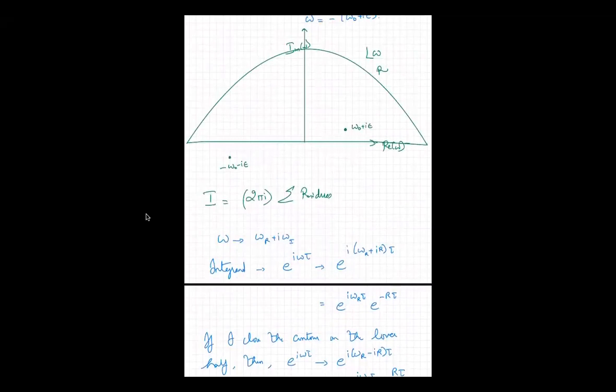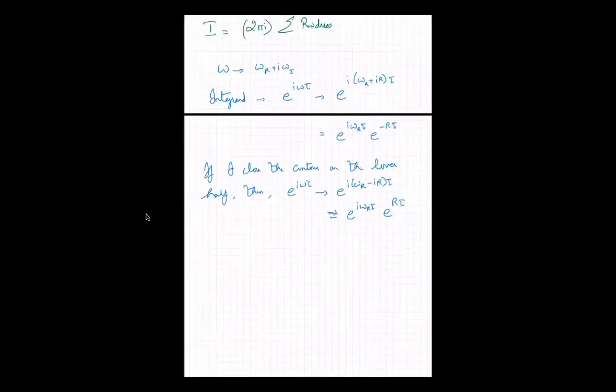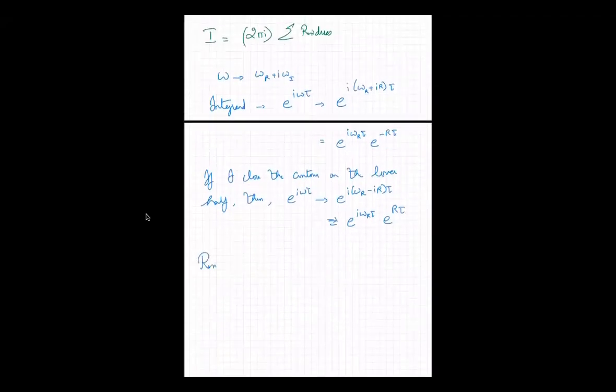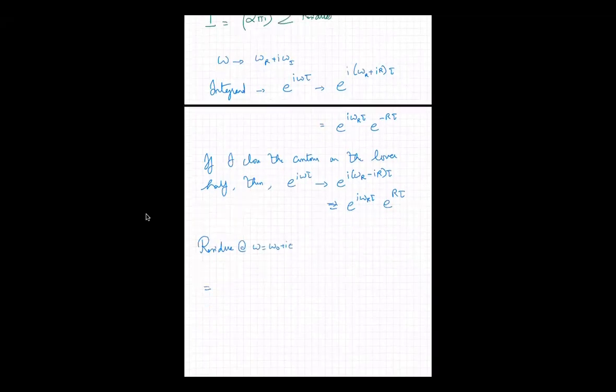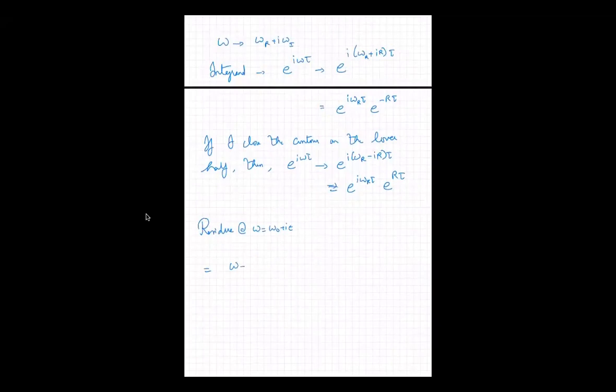If I close the contour on the top, I pick up only one pole, and that pole is at omega 0 plus i epsilon. So what is the residue? The residue at omega equals omega 0 plus i epsilon is of course given by, it's a simple pole, so I'll have to multiply by this quantity, the function, omega plus omega 0 plus i epsilon, right?